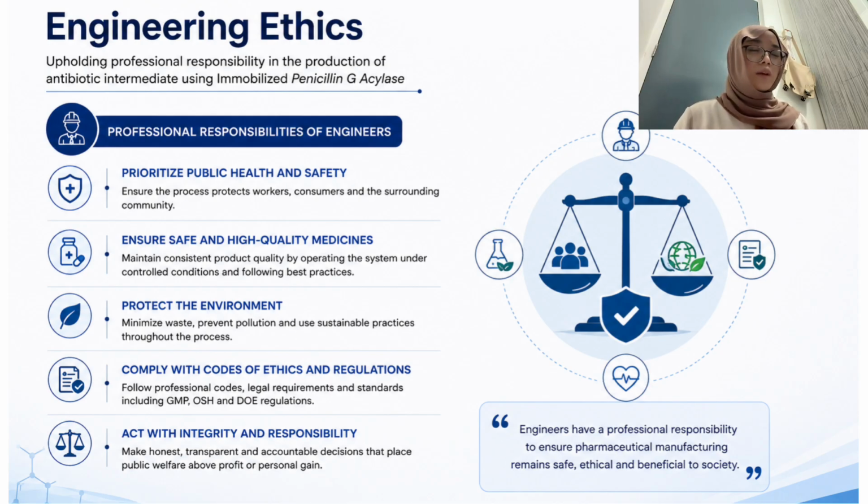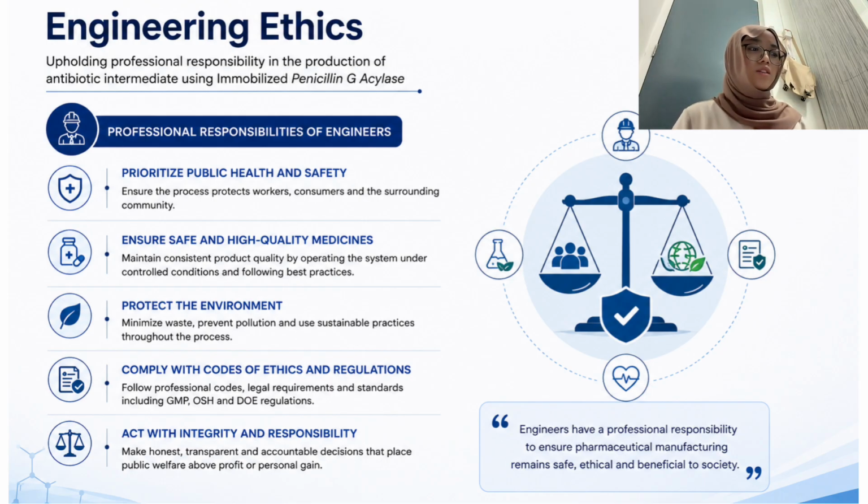They must make sure the manufacturing process is well controlled so that the medicines produced are safe, reliable, and meet pharmaceutical quality standards. At the same time, engineers have a responsibility to reduce environmental impacts by minimizing waste and following sustainable manufacturing practices.